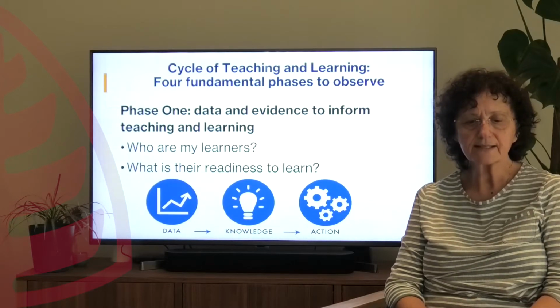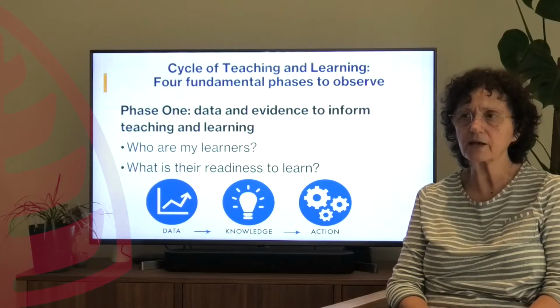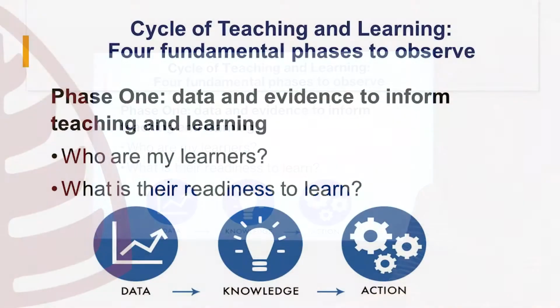In this case, the cycle of teaching and learning has 4 phases, and I will take you through the 4 phases now. So phase 1 is about data and evidence to inform teaching and learning. Of course you heard me before talk about data literacy and assessment literacy, and all that comes into play here.